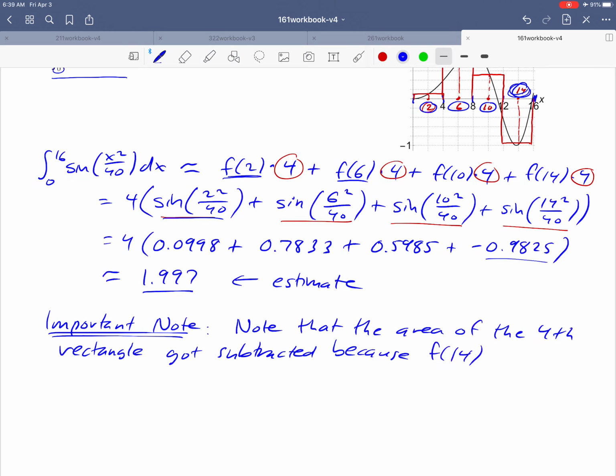The reason for that was that f of 14 is a negative number.